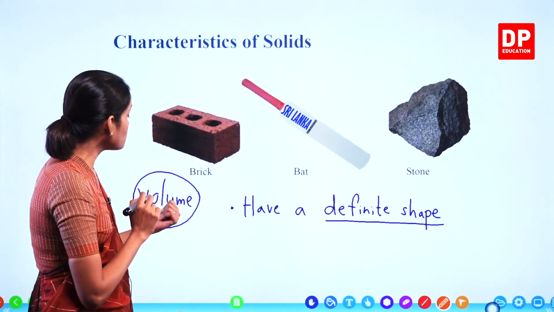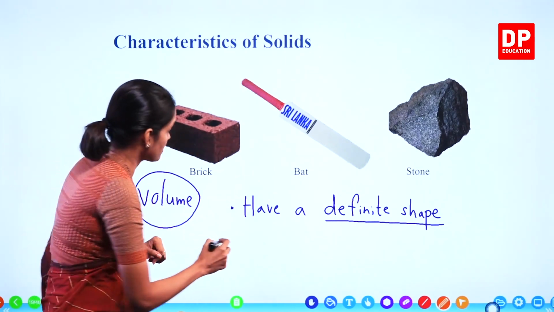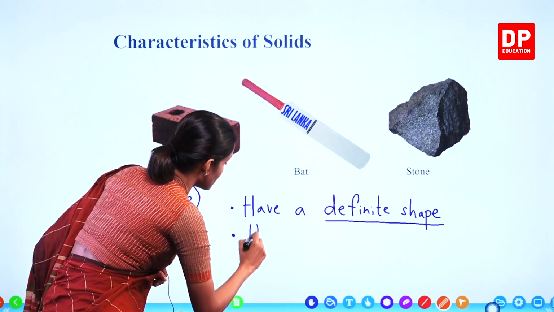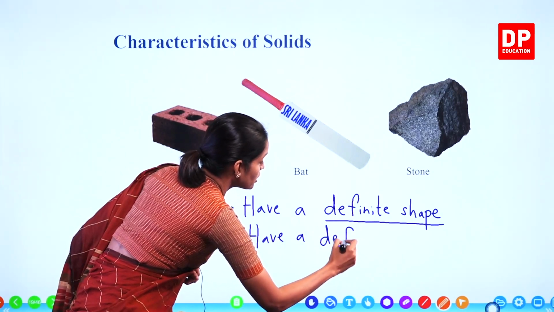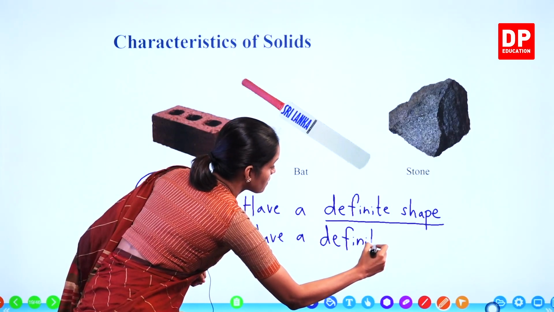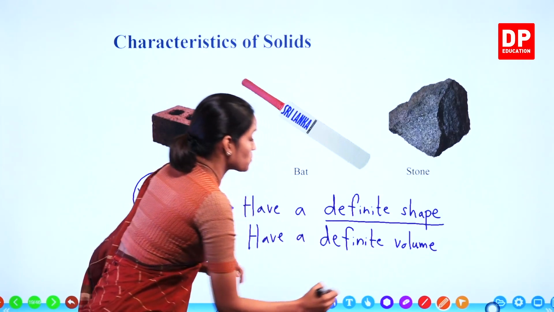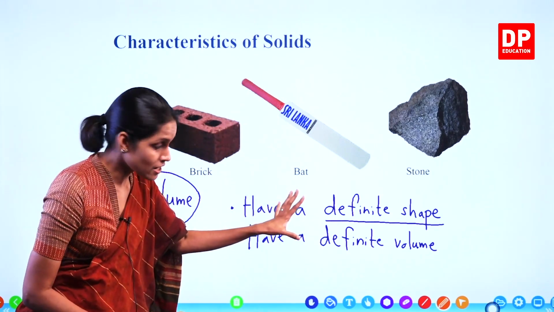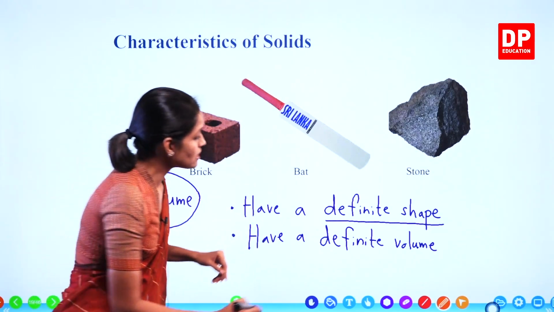Understand? So what can you tell about the volume? Volume is also a definite one. Therefore, they have a definite volume. So definite shape is the first characteristic of solids. Second characteristic is definite volume.